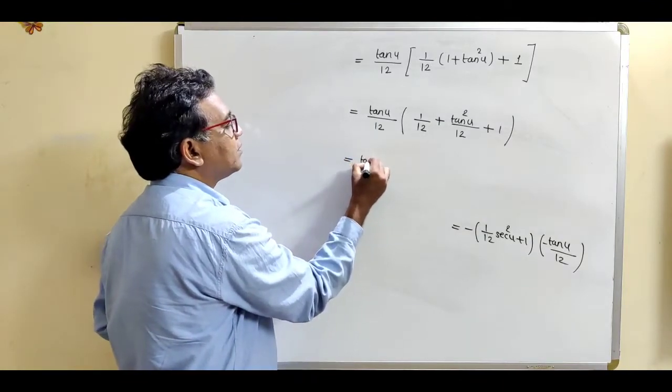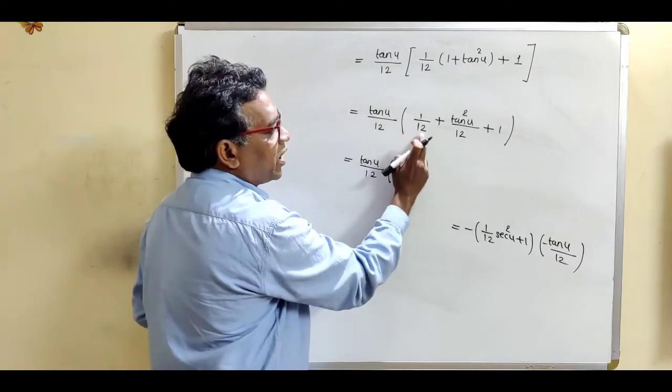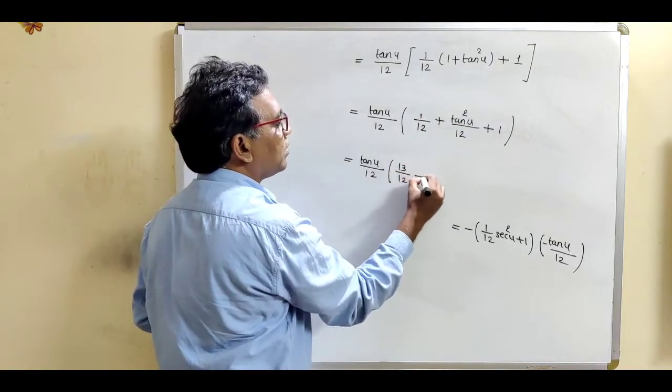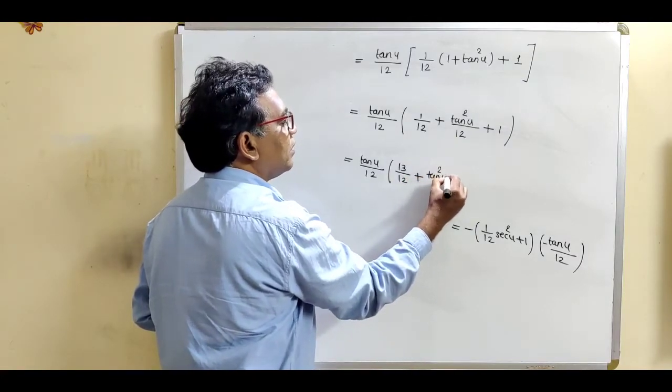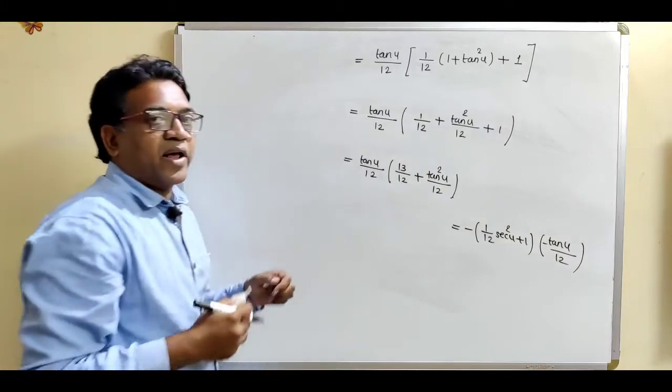So this is tan u divided by 12. Now 1 upon 12 plus 1, so 12 plus 1 is 13, divided by 12, plus tan square u divided by 12. So that is the required answer.